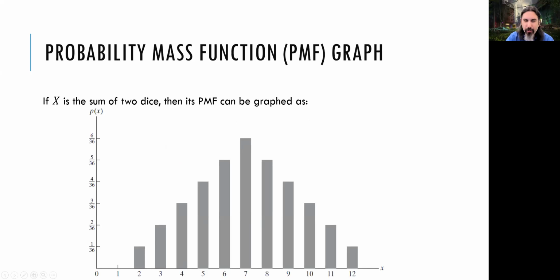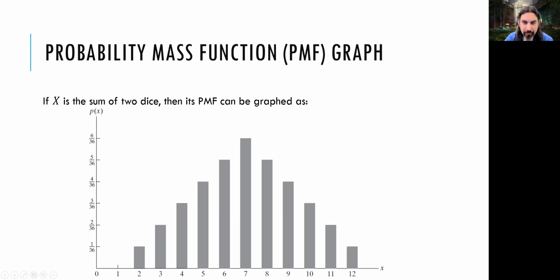It cannot be 0 or 1, so these values don't have any probabilities at all. It can be 2 with a probability of 1/36. It can be 3 with a probability of 2/36, and so on. It's going up and then it's going down again. Now, we can graph the PMF easily in lots of different ways, but still the easiest way is to put the outcomes at the bottom and the probability on the left-hand side and just use those values to graph it.